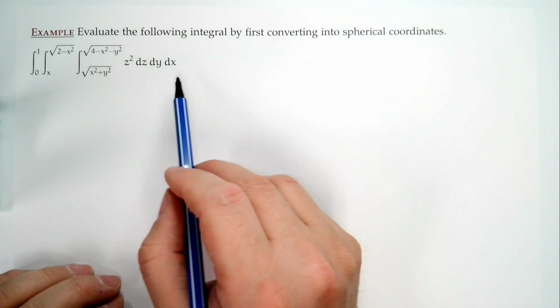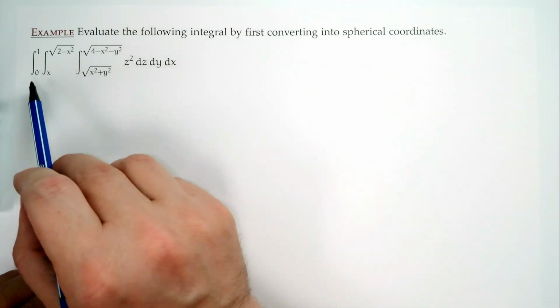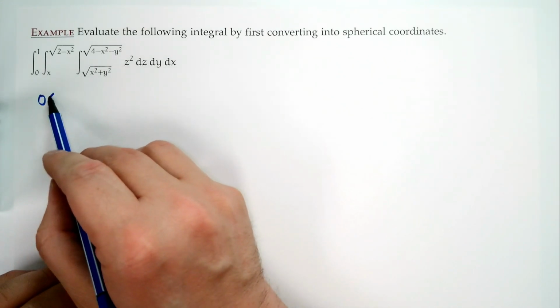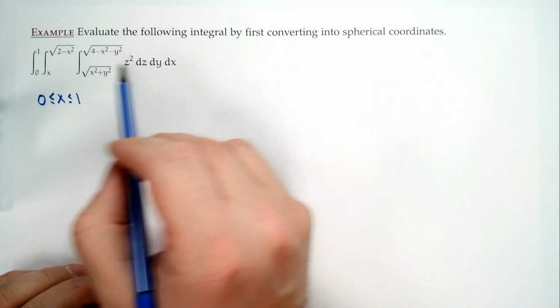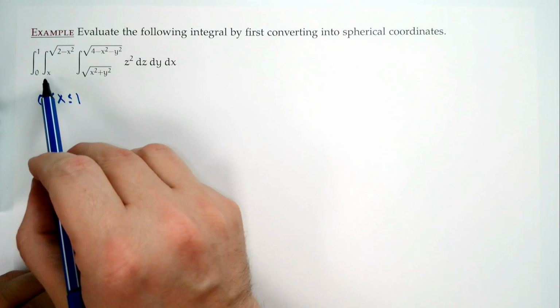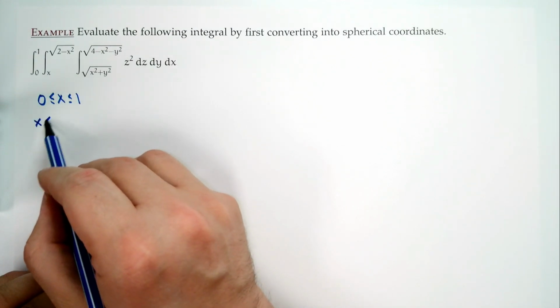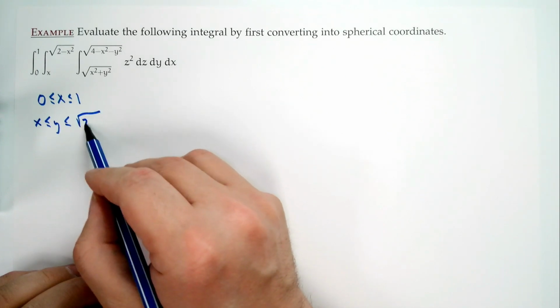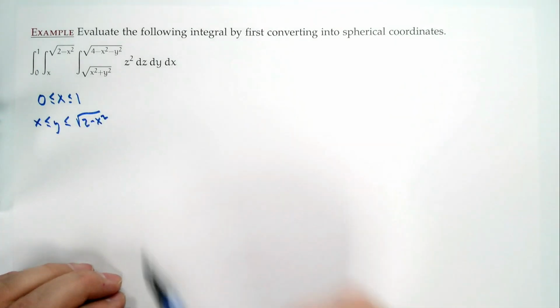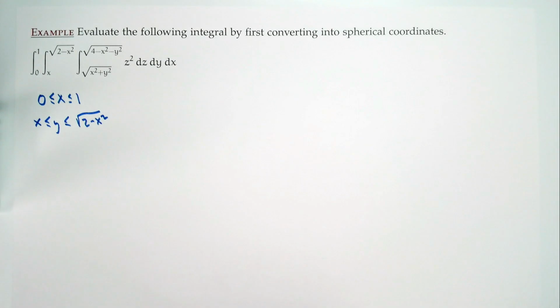We can see that our outer integral is associated with the x. So we know that x goes between 0 and 1. All right, that's good. The next layer is associated with y. So I'm going from y equals x, and then I'm going to go up to y equals the square root of 2 minus x squared. Let's see if we can figure out what these are.